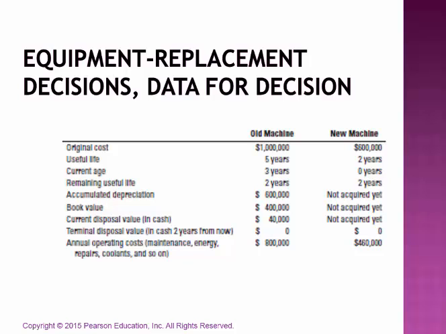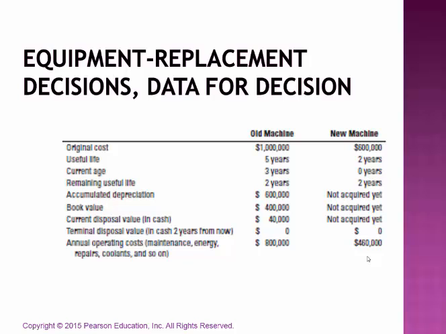$800,000. The whole reason why we're looking is because if we were to replace it with this newer machine, look at the savings between the new machine's operating cost of $460,000 and the annual operating cost of $800,000. Okay, so we're talking $340,000 a year in savings.